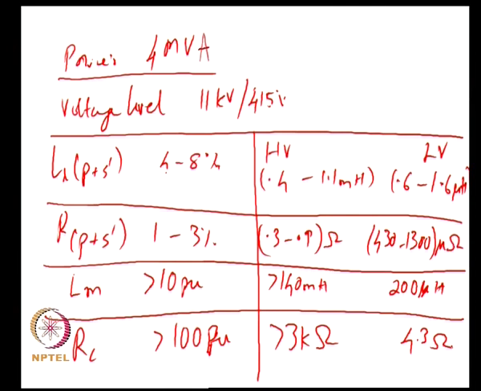If it is 100 per unit, it means that your core loss is 1% of your rating, which might be more reasonable. So, again the parameters defined on a percentage basis can give you a feel for what is considered acceptable or reasonable and what can be expected on a typical system, because often you may not have access to actual data and you want to make estimates of what to expect based on estimated information.